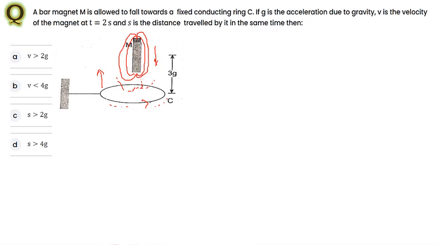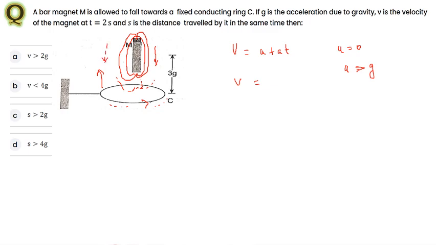For example, velocity based on the motion is v equal to u plus at. u is the initial velocity, and u is equal to 0. If the acceleration were greater than g, the magnet would pass through the coil without any disturbance.